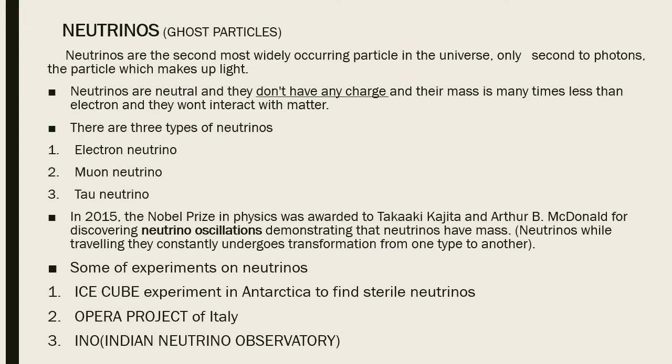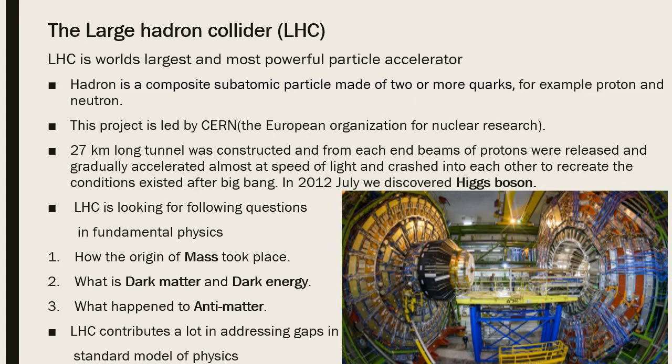So we completed all the theories in physics. Next we'll discuss something about the Large Hadron Collider. Then we'll come back to neutrinos also. So, the Large Hadron Collider is the world's largest and most powerful particle accelerator.